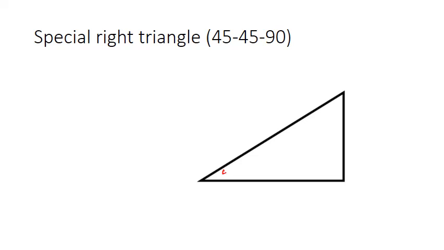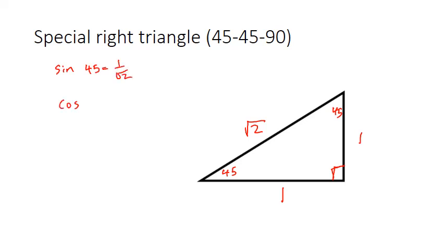Another right triangle we'll have is our 45, 45, 90 triangle. On this one, if this side is 1, then the other side is 1 as well. Using the Pythagorean theorem, this side has to be radical 2. So if we want to find the sine or cosine, so sine of 45 is 1 over radical 2.